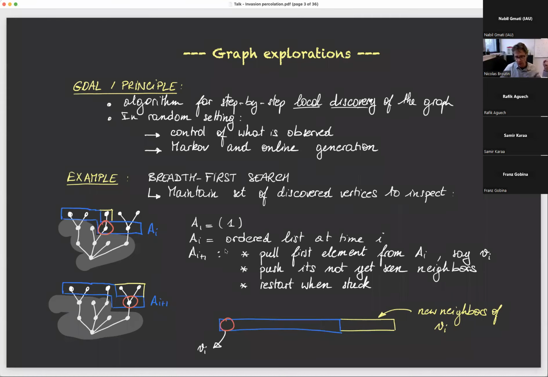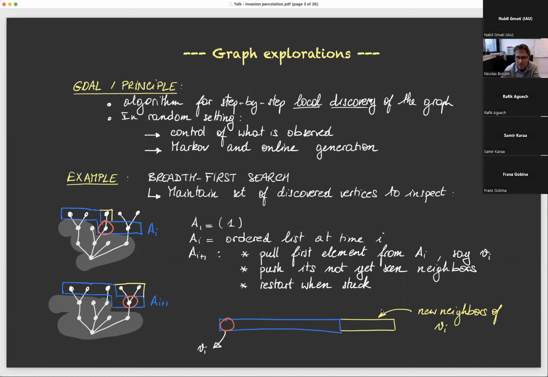You take the one from the left, and anyone you add, you add to the right. So you always pull something from the left and you always add to the right. So always there's a first guy, you always take the first guy. You could take some other policy. This one is some policy. Is that fine?